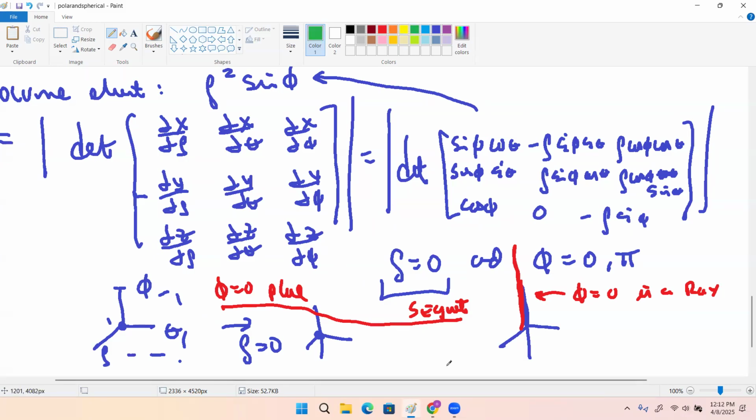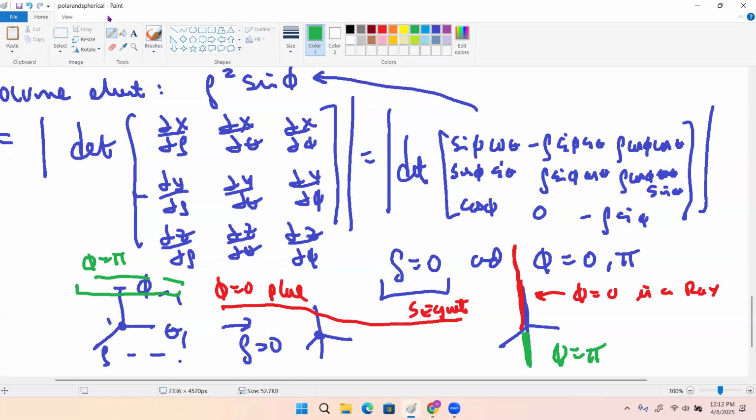Let's say phi equals pi down here. That makes this singular. And notice phi equals pi is a plane, let's say something like this. And this whole plane gets squashed down to a ray. So you lose 1 dimension. You lose 2 dimensions, though, because rho equals 0 is 2-dimensional and it gets squashed down to a single point.